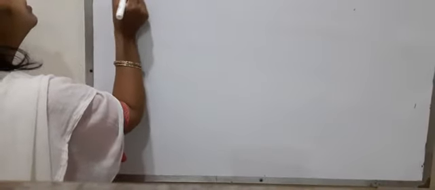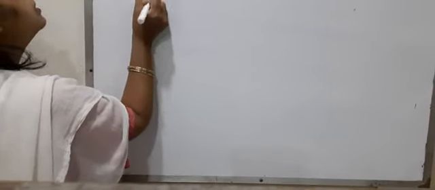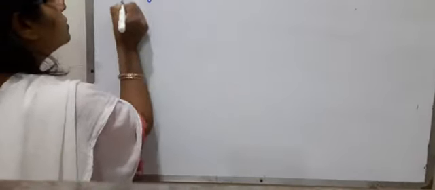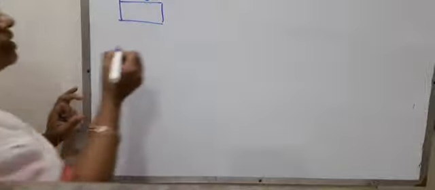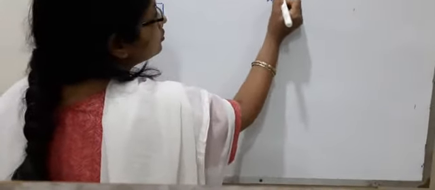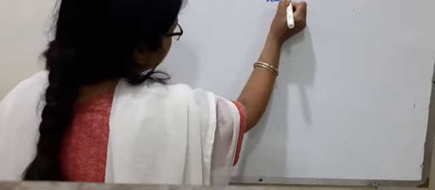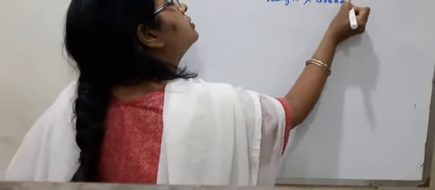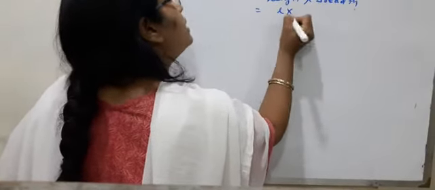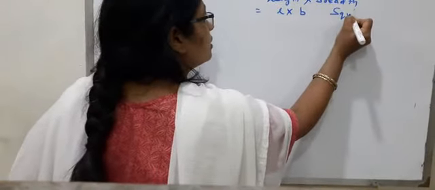Next figure is the rectangle. This is a rectangle. Area of a rectangle is equal to length into breadth, which is L into B square unit.